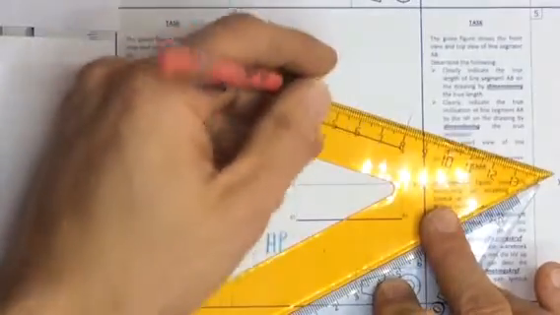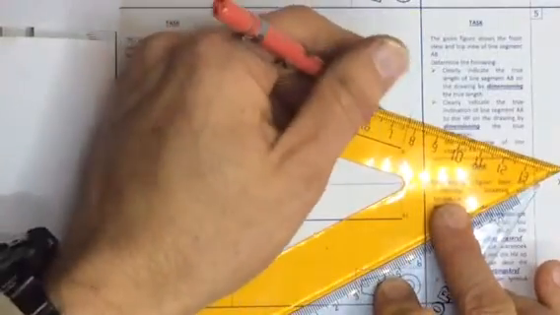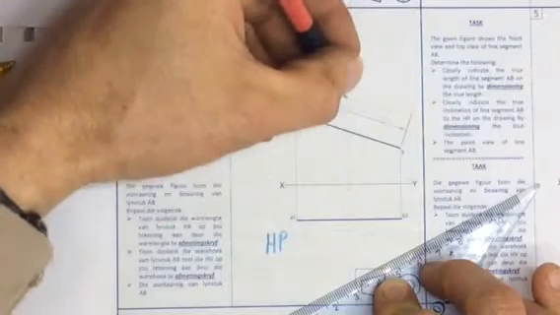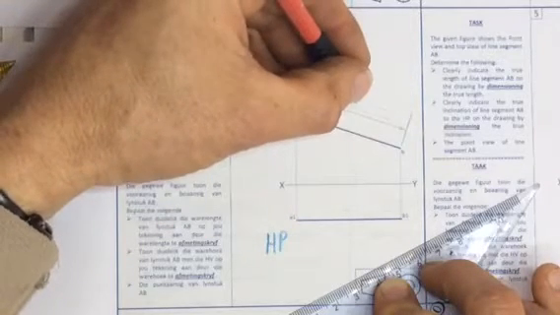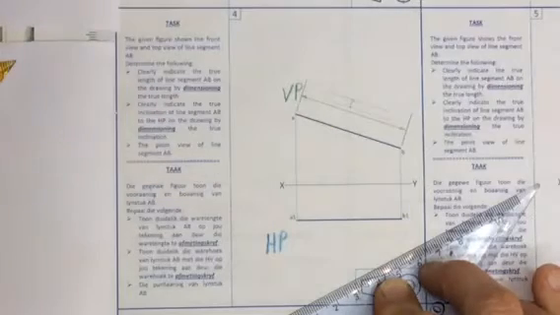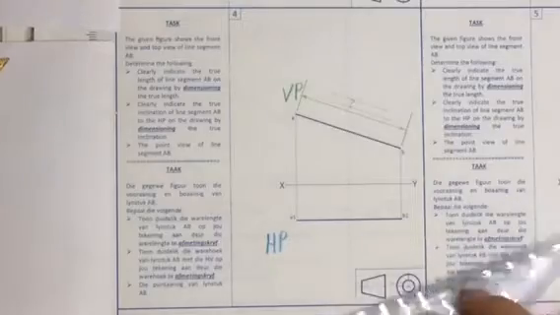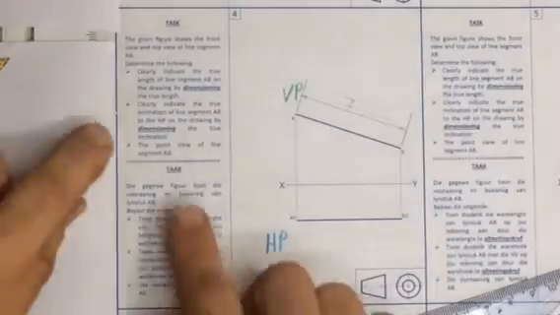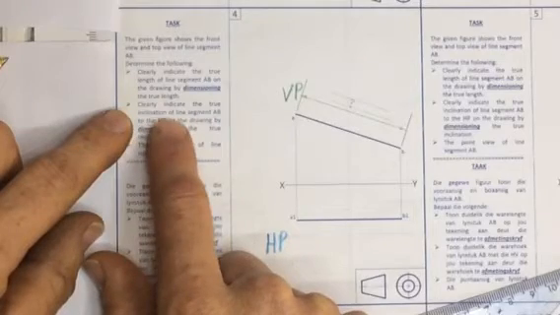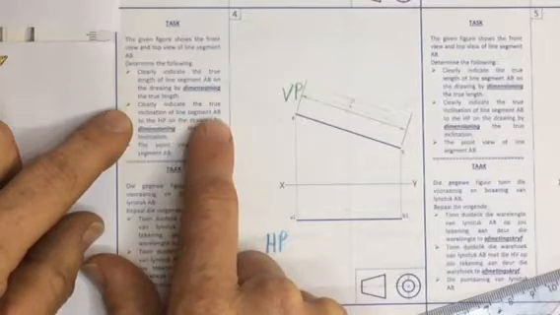Draw a little construction line. And then I'd like you to measure off whatever that line is from there to there and write that dimension in over here. I'm going to put a question mark so that you guys can measure that off accurately and write in your answer. Right, once we've done that, it then says clearly indicate the true inclination of the line segment AB.